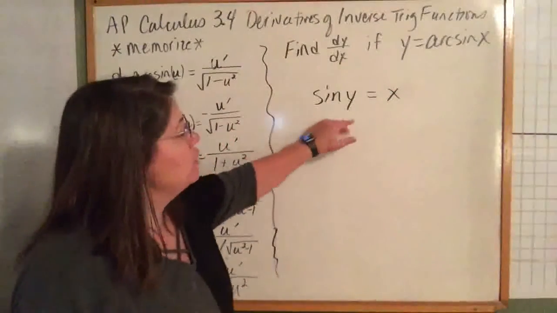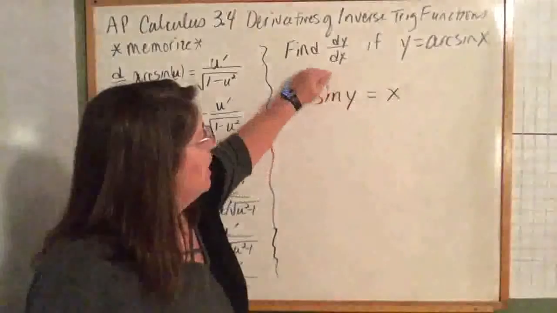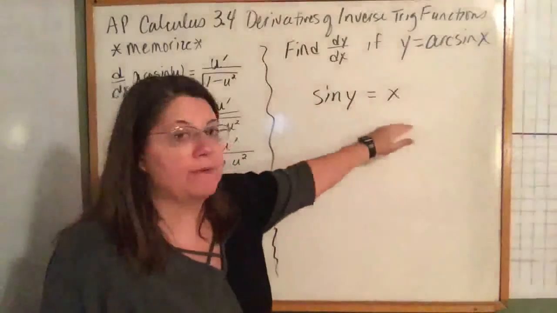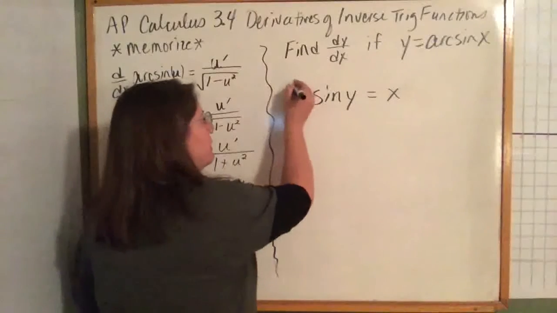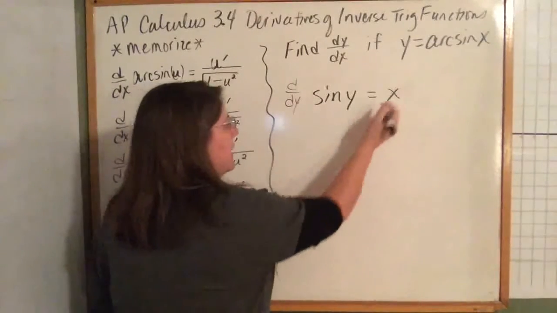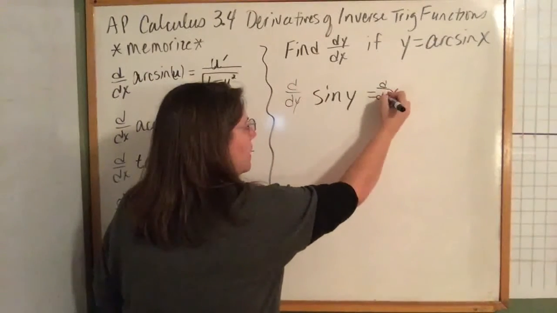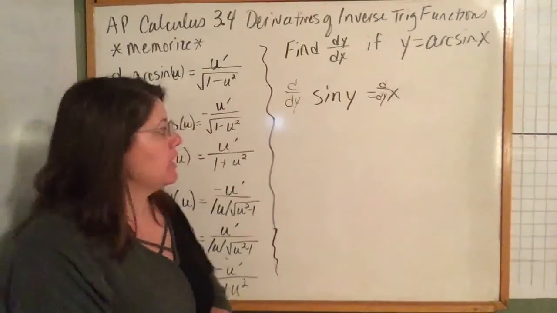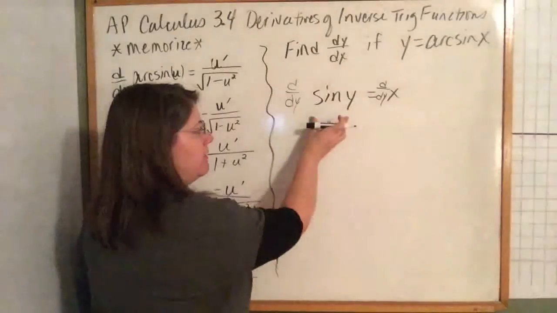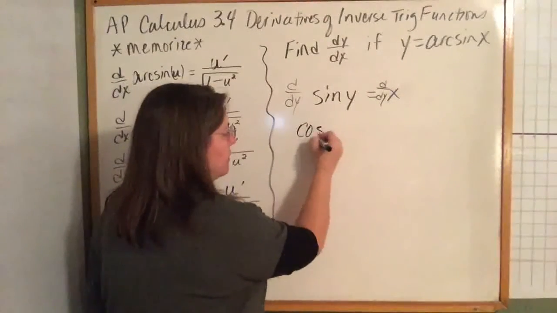And if we're trying to derive the derivative, we're just going to find the derivative of each side. So I'm going to take the derivative of the left-hand side and the derivative of the right-hand side, and I'm going to use implicit differentiation. So to do that, the derivative of sine is cosine.